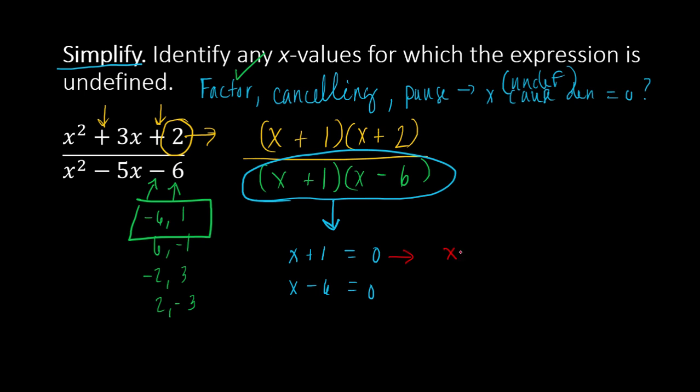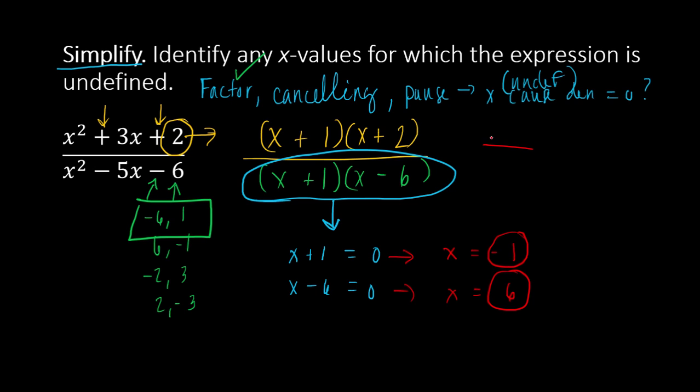In this case, I get x as negative 1 and positive 6. So that tells me for x equal to negative 1 and x equal to positive 6, my expression is undefined. So that's half my answer, but I'm not done simplifying.